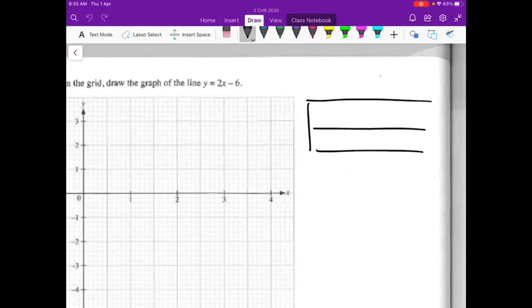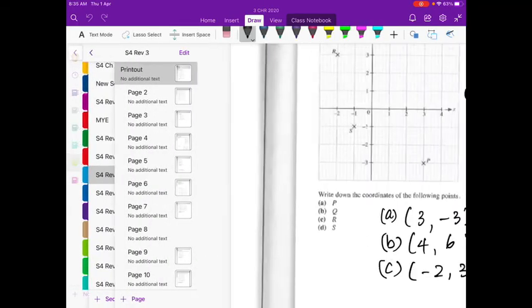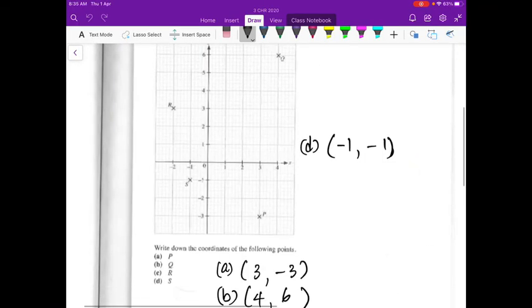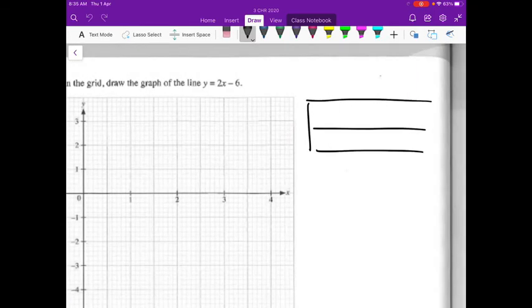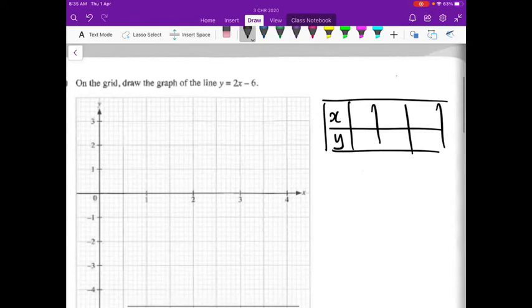Okay, x and y values. 1, 2, 3. Draw the table. 3 sets of coordinates are enough already. You choose values that they provide for you. You can choose 0 also. Since we say 1, 2, 3, let's see whether it is okay.